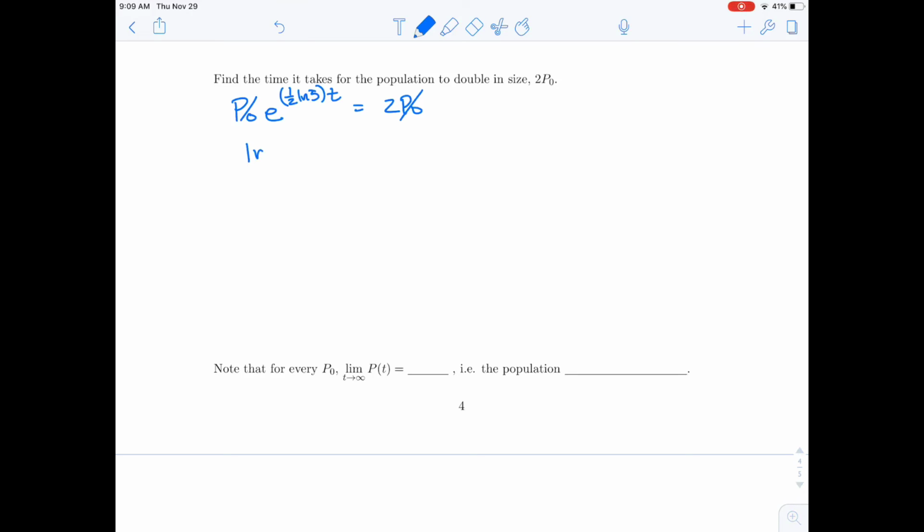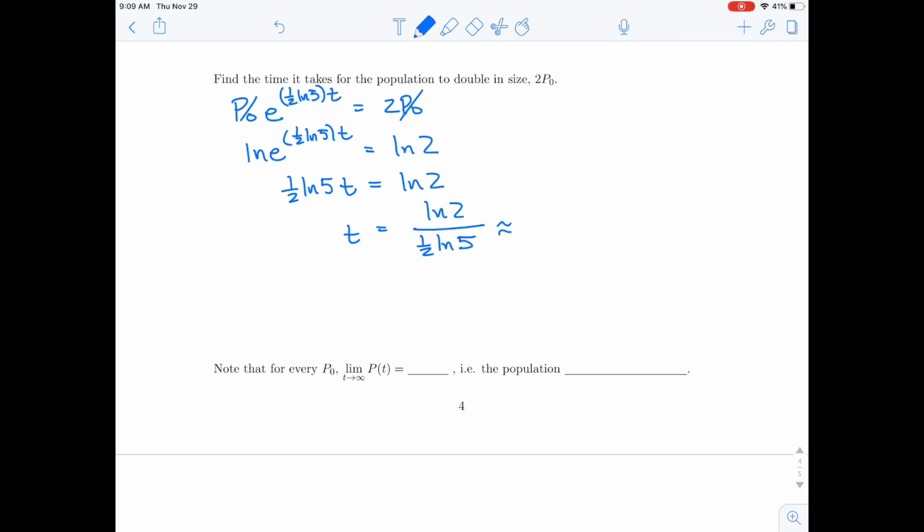We can isolate t by taking the natural log of both sides. And that will give us that 1/2 natural log 5 times t is equal to the natural log of 2. Okay, so then t must be equal to the natural log of 2 over 1/2 natural log of 5.